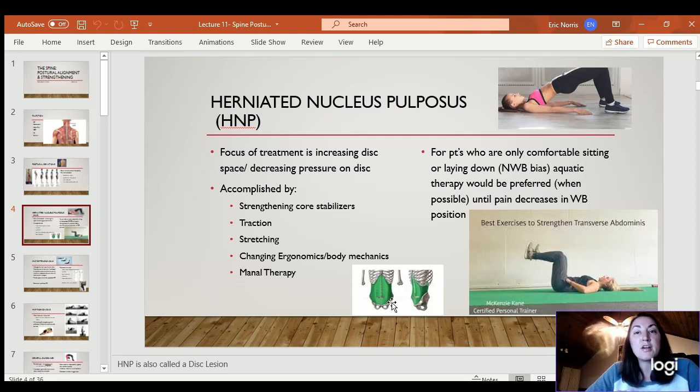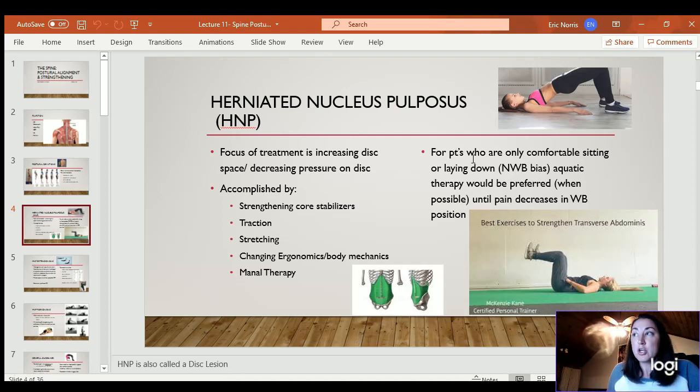So try to figure out what the cause was and keep that from continuing to happen, even if it's just someone who's constantly slouched in a chair like I am right now. Adding some lumbar support, things like that. Manual therapy, really loosening up everything that's causing extra pressure on that area, can often be very effective in pain relief as well.